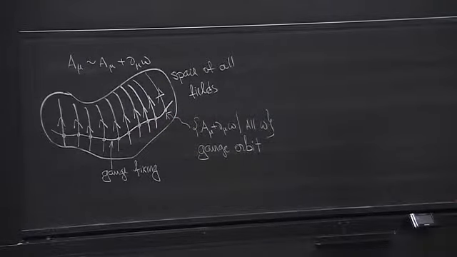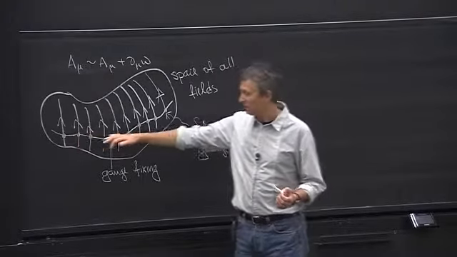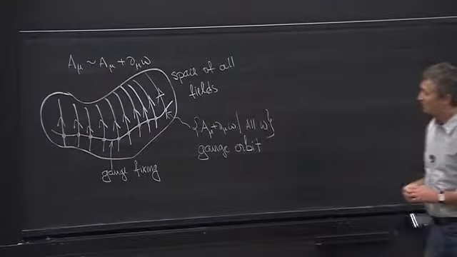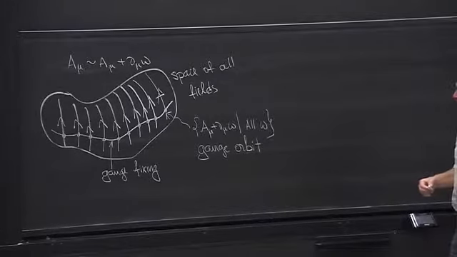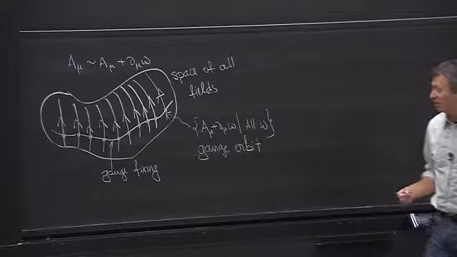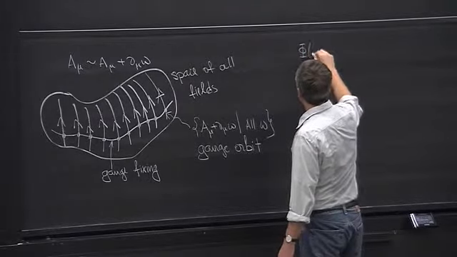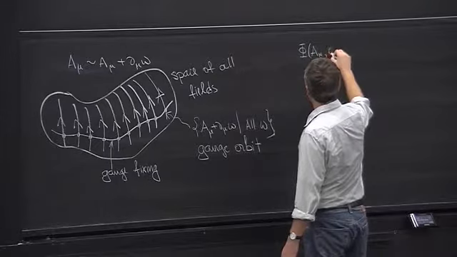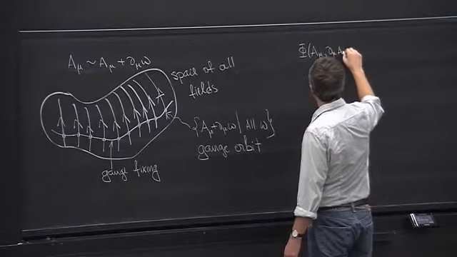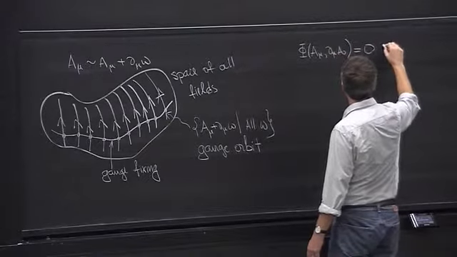So one particular way to choose this horizontal line is by imposing a gauge condition with some function. So we can say that some function of the potentials and their derivatives is equal to 0. So this would be our gauge condition.